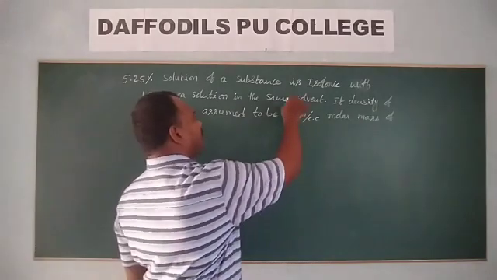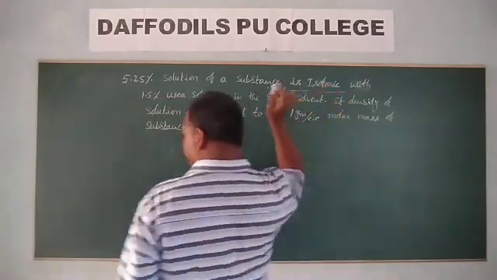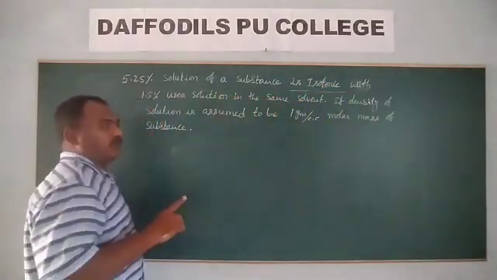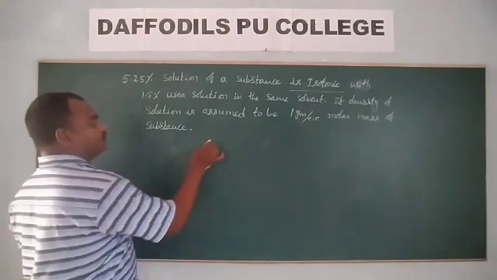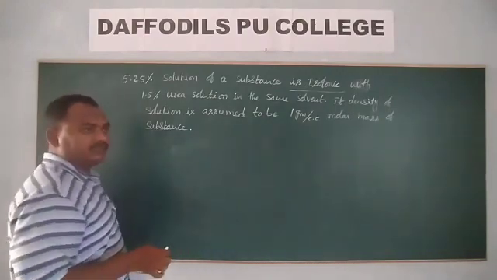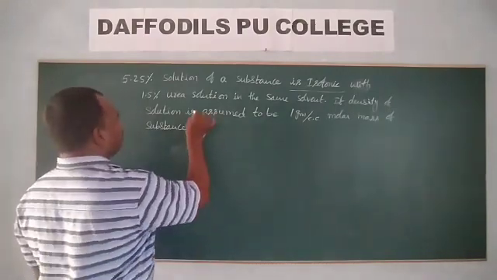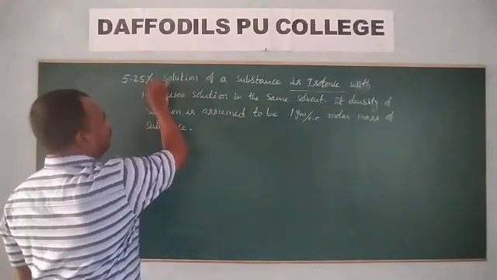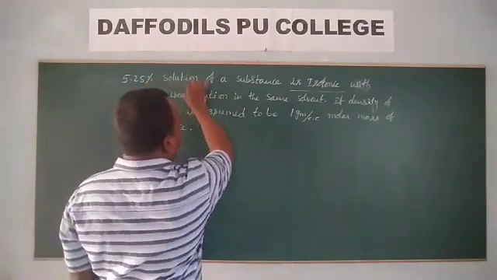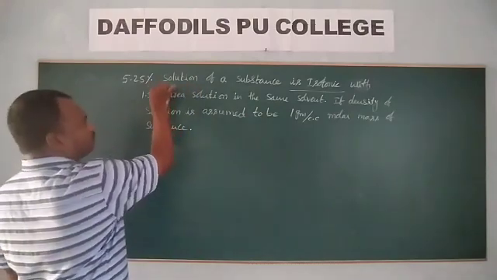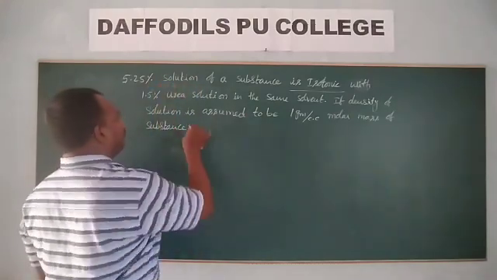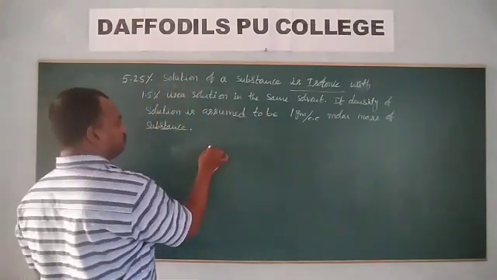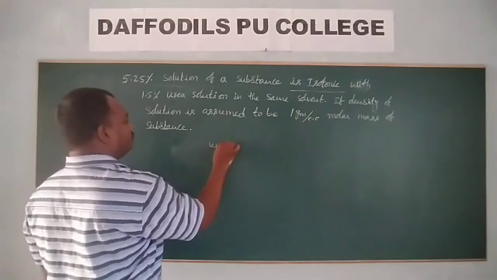Here it is given that it is an isotonic solution. So there we have the hint. Isotonic solutions means solutions having the same osmotic pressure. So here we have two solutions. For one solution we don't know what the solute is. Another one is the urea solution. So this is the unknown solution.